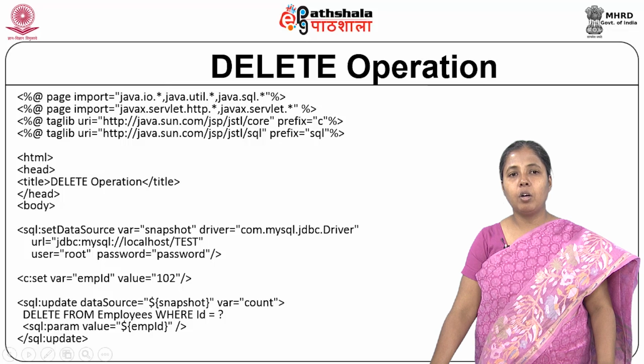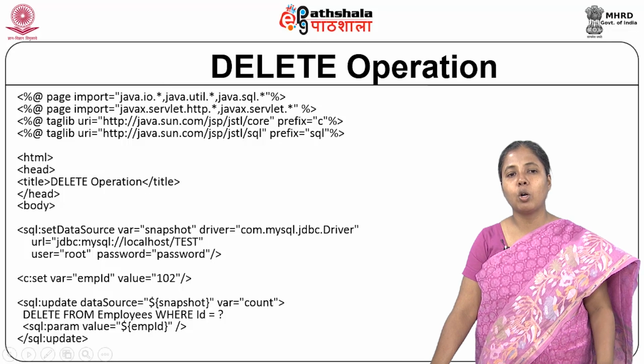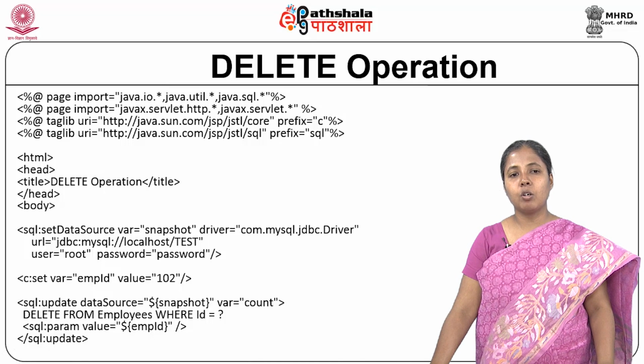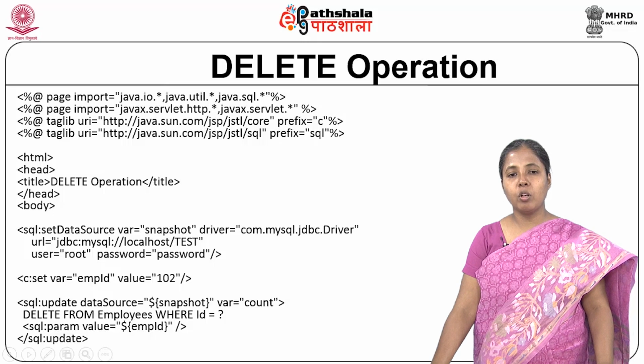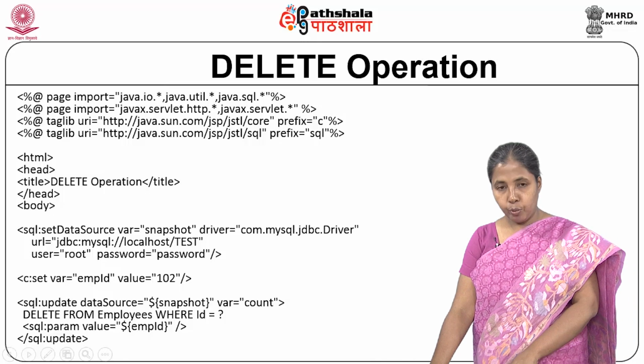The same code, everything is the same. You use the servlet code to execute the statement. The servlet has got all these things, making the connection, establishment, all the code. Now you give the query string as delete from employees where ID equal to question mark. That would be got from the user.